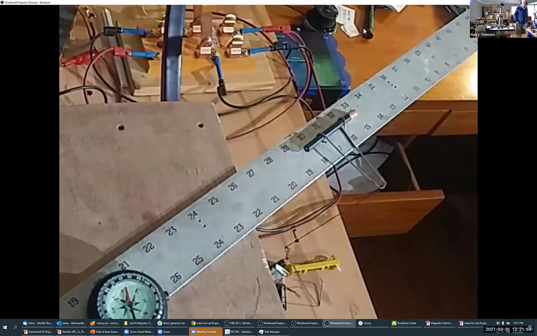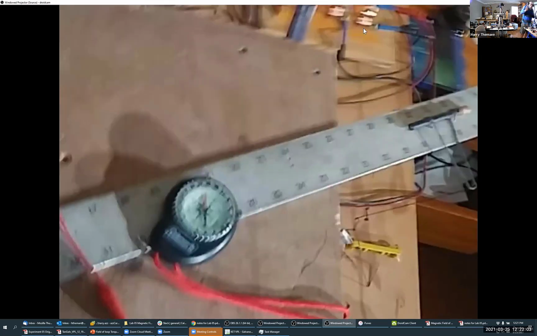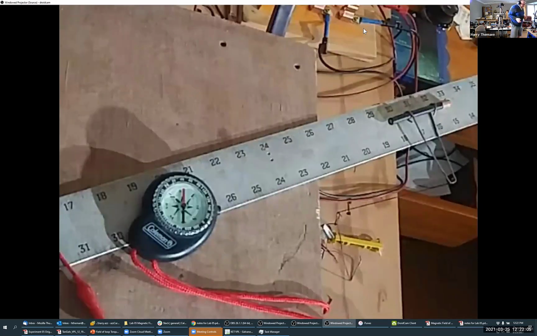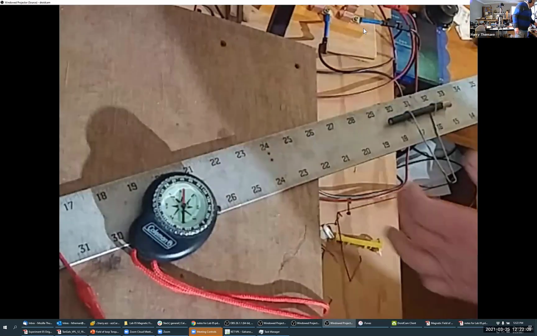And so if you keep an eye on the compass and the magnet, you'll see I can slide the magnet and the compass changes.